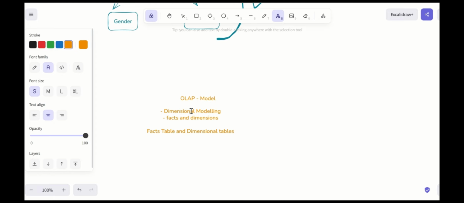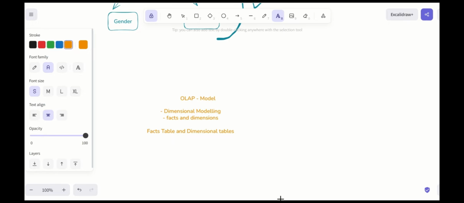So first of all, we need to understand what a fact table is and what a dimensional table is. Fact tables generally contain the transactions of the business, while dimensional tables provide description and context.